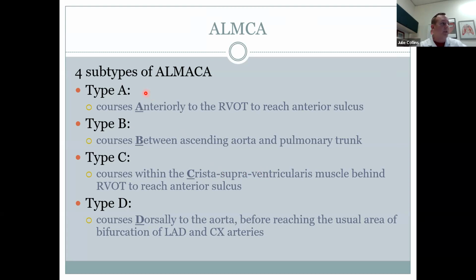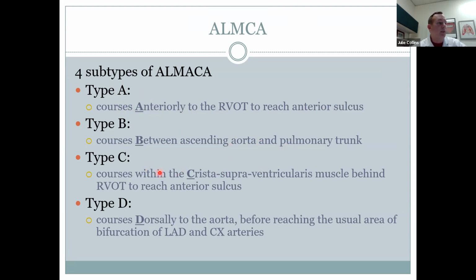And they've classified them into 4 subtypes, type A, B, C, and D. Type A, the left main courses anteriorly to the right ventricular outflow tract in order to reach the anterior sulcus of the heart. Type B, the left main courses between the ascending aorta and the pulmonary trunk.